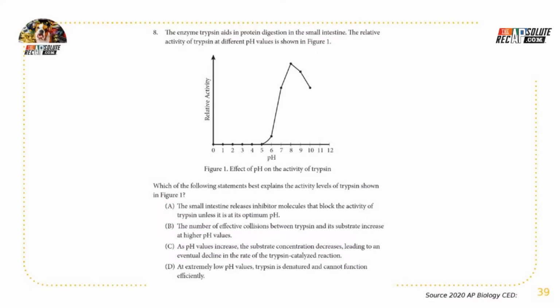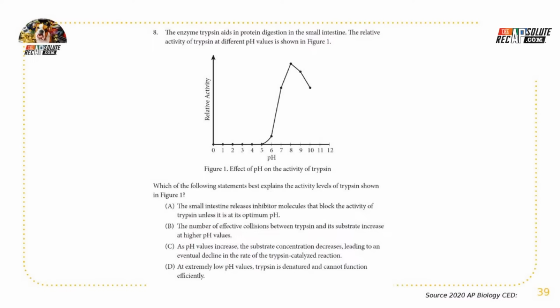Now, why? Which of the following statements best explains the activity levels of trypsin shown in this diagram? That is a key part of this sentence. Shown in this diagram, right? So the information here has to link back to figure 1. So is it going to be because the small intestine releases inhibitor molecules?